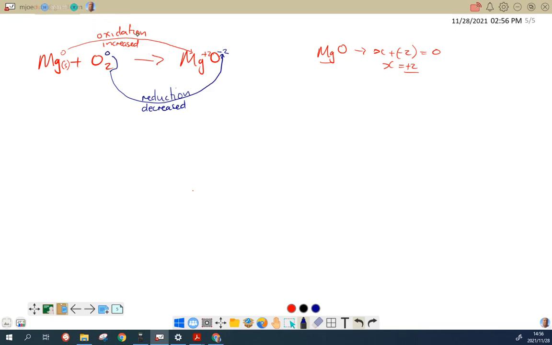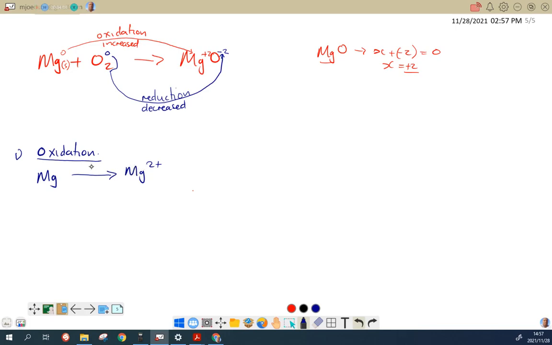We will explain how both these processes have occurred. So we're going to now write the half equation for the oxidation and also the half equation for the reduction, and then explain everything else that is associated with it. The first step is to write the oxidation half process. In this oxidation half process, it's the magnesium that has undergone oxidation. So we started off with magnesium, and that magnesium became magnesium 2+.